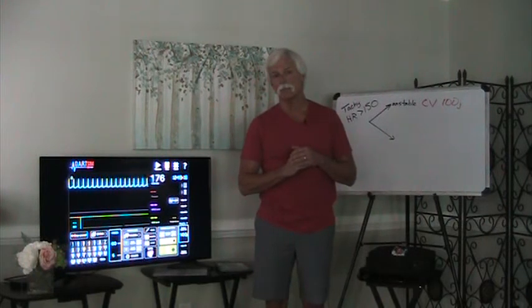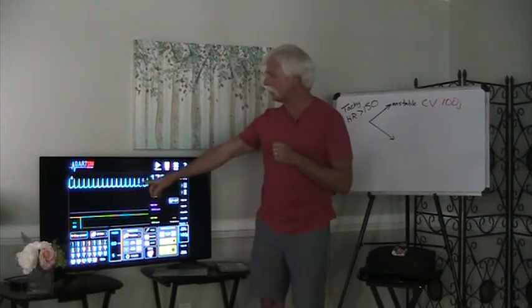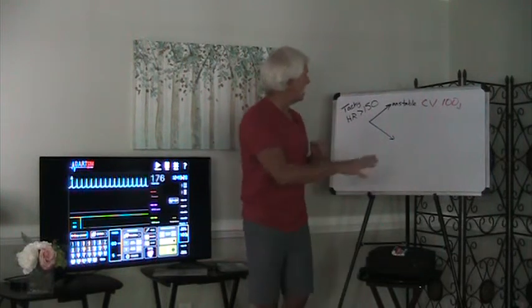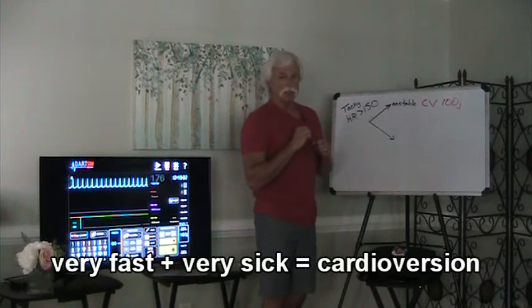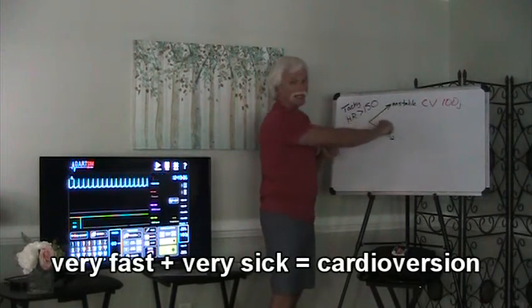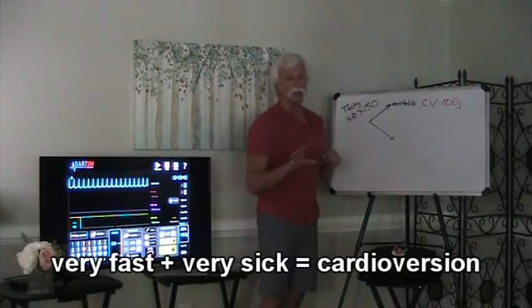I have thus far been demonstrating the use of this protocol using nothing but a narrow complex regular SVT rhythm. But recognize that on my cheat sheet up here, I haven't even yet specified what the rhythm is. All we've said is that it's very fast and it's making the patient very sick. Those two criteria lead straight to cardioversion in all circumstances.